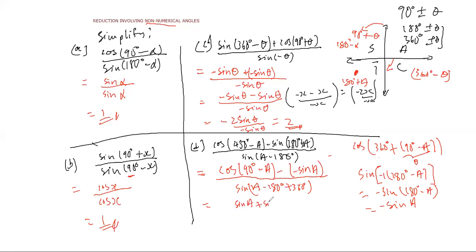I'm going to have a plus sine a there. And then what is happening here, as I said, you're going to have sine(a plus 180). But this thing is the same as what? Minus sine a. So sine a takes out sine a. You are left with minus 2.